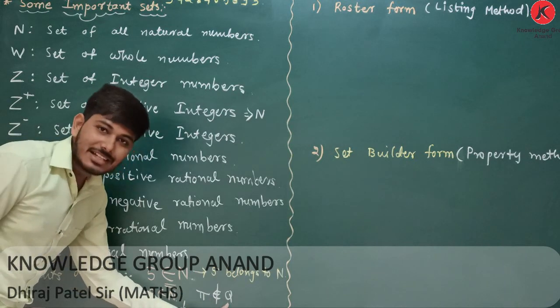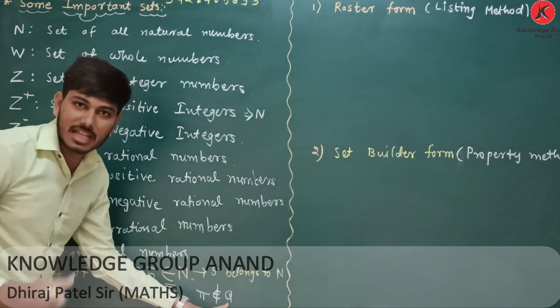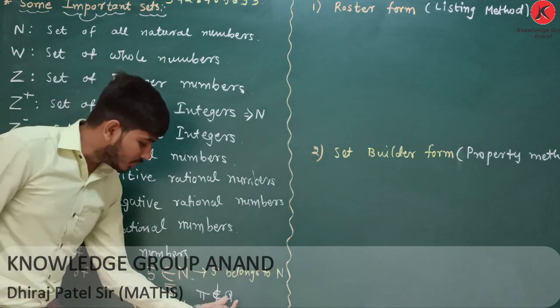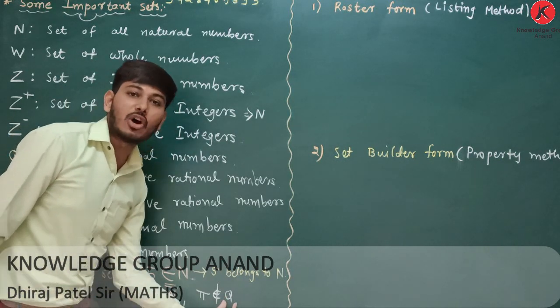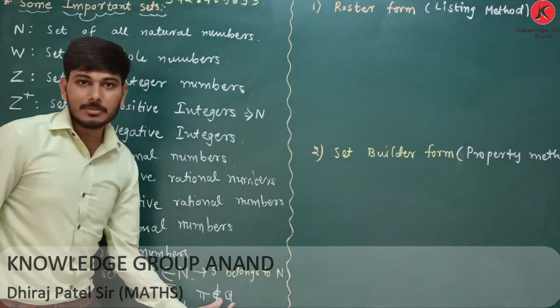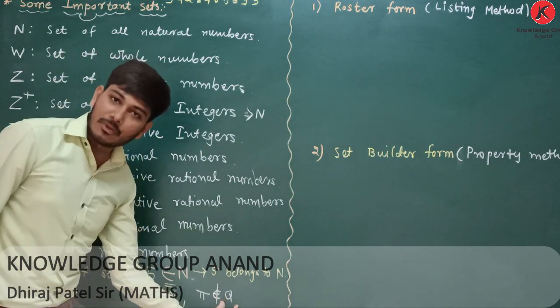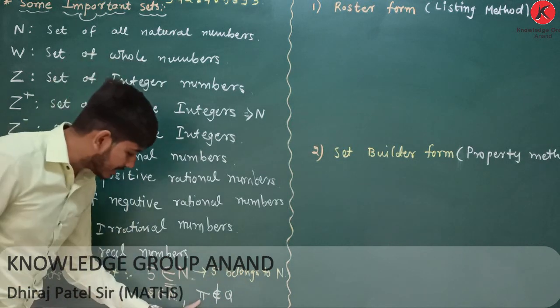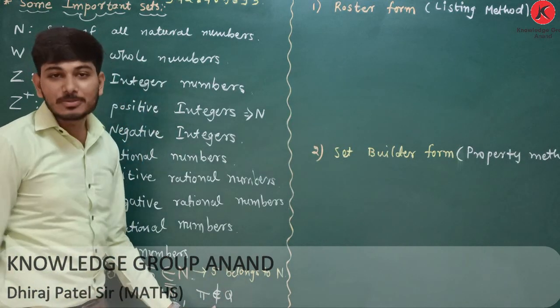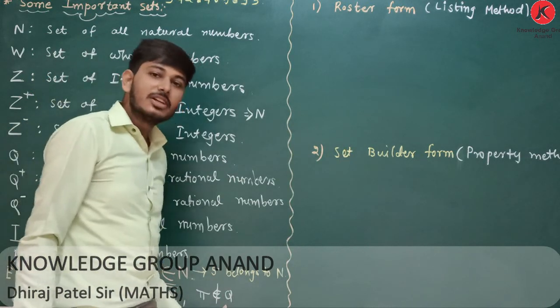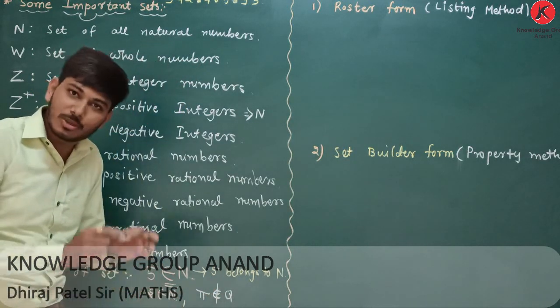Here Q is the set of rational numbers. Therefore, pi is not an element of set Q, so we represent it as pi does not belong to Q. Belongs to and does not belong to, it is clear.